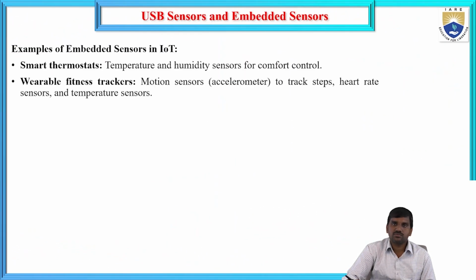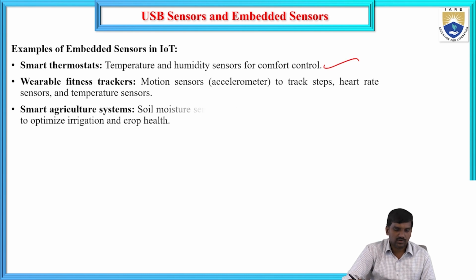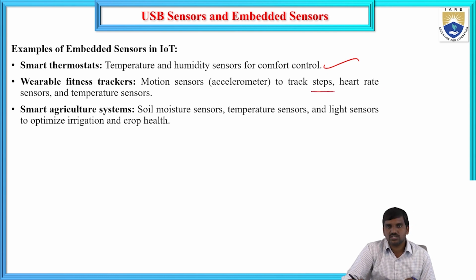And the examples of embedded sensors in IoT. Smart thermostat: it uses temperature and humidity sensors for comfort control. That is the first one. Second, wearable fitness trackers: motion sensors to track steps, heart rate sensors, and temperature sensors.